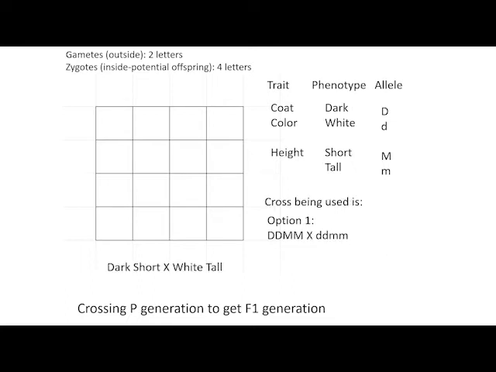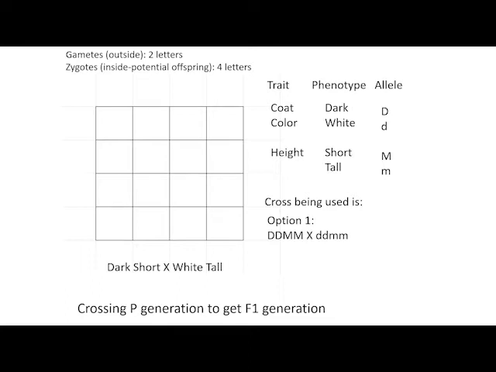The next thing we'll be talking about is how we come up with the gametes for the Punnett squares. Remember, we're going through the process of meiosis, and so we're going to go from 4 letters in the parent down to 2 letters for the egg and sperm cells, those gametes that go on the outside of the box.